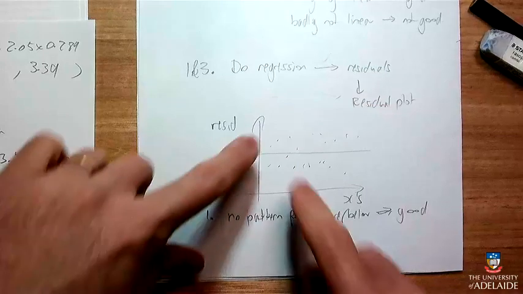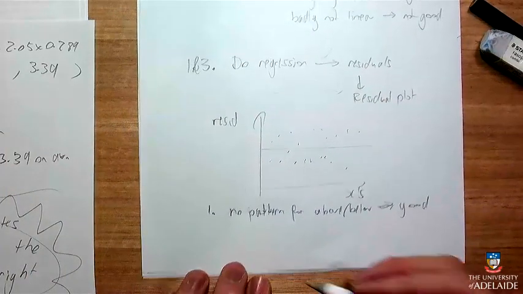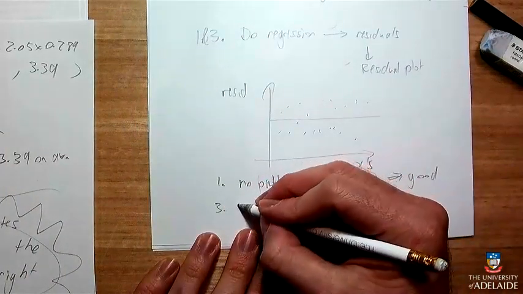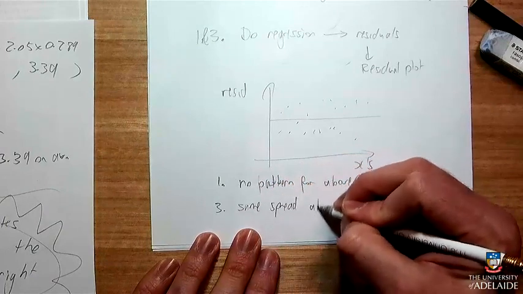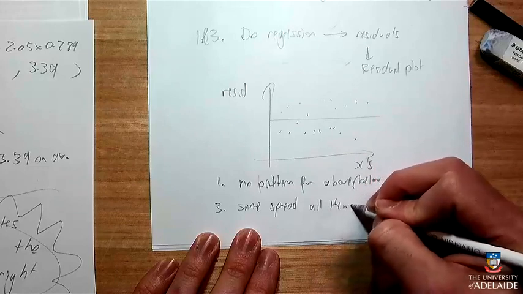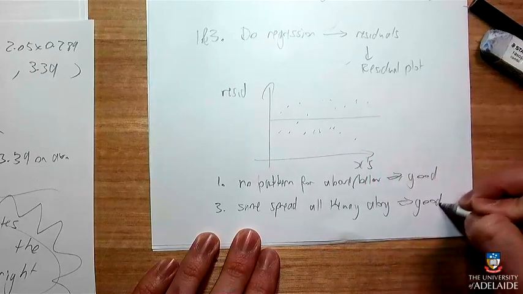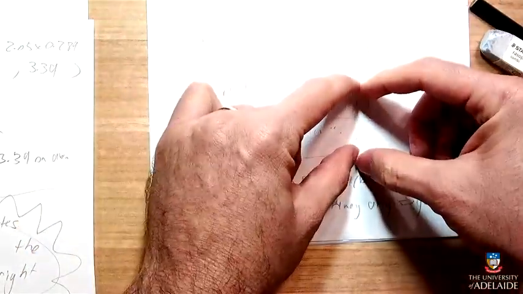So what you wouldn't want is it to do something like that. And number 3, same spread all the way along. So what you wouldn't want is for it to be fatter here and thinner here and fatter there.